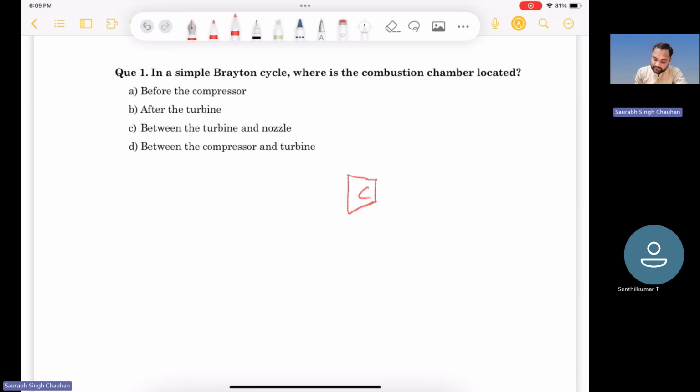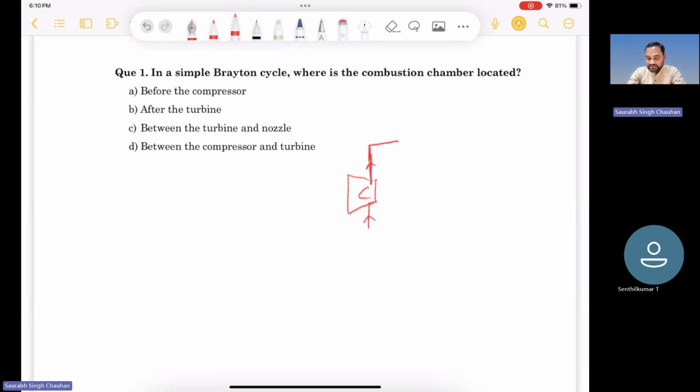From the compressor, we get compressed air. In the compressor, we send air, and that inlet air can be at atmospheric conditions, 1 atm and room temperature, and that air is compressed in the compressor.